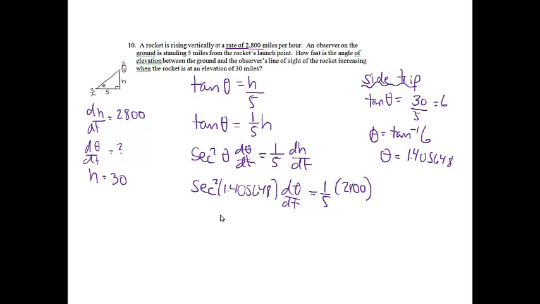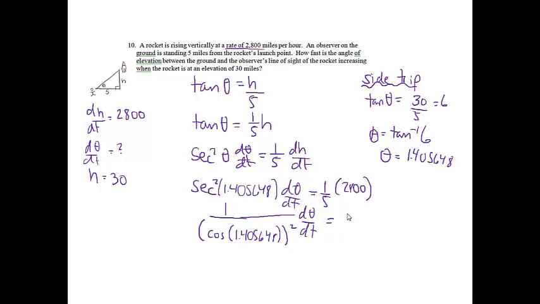Okay, from here, getting secant squared, please remember on your calculator, it's going to be 1 over cosine of 1.405648, squared. If you put parentheses in your problem just like I do, you will get the right answer.